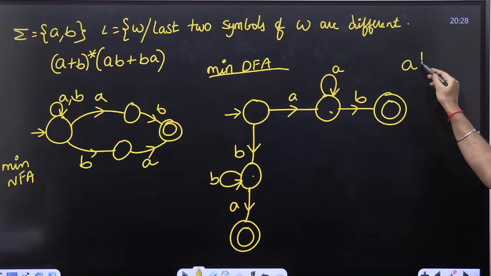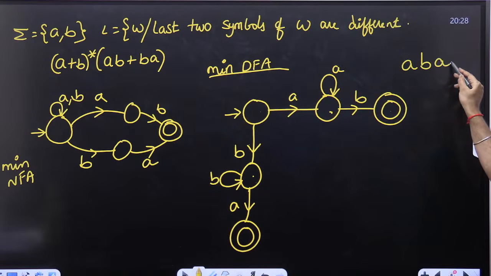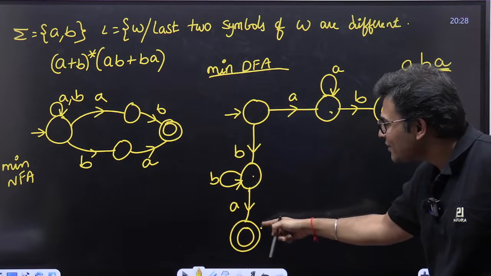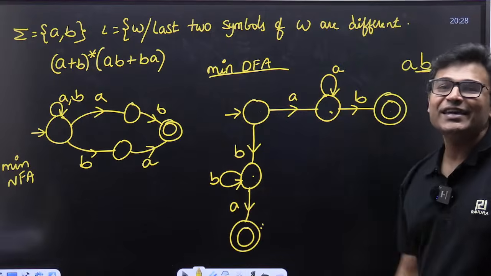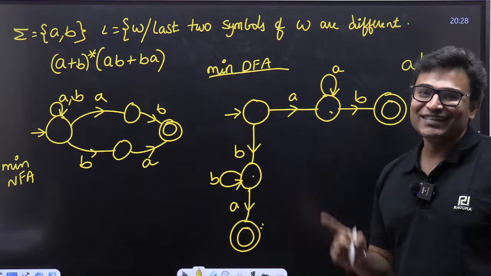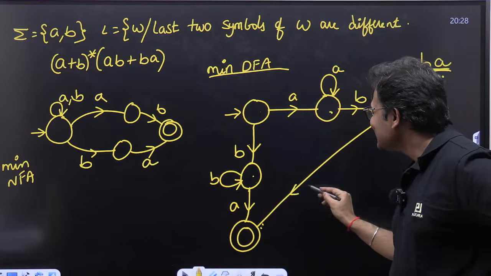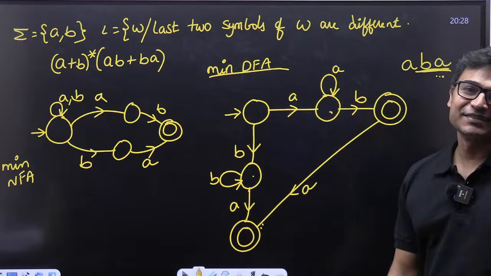By seeing AB. If I get an A, it is ending with BA. I have to accept it. What are the strings which are accepted when ending with BA? Here, here, here. Ending with BA is here.